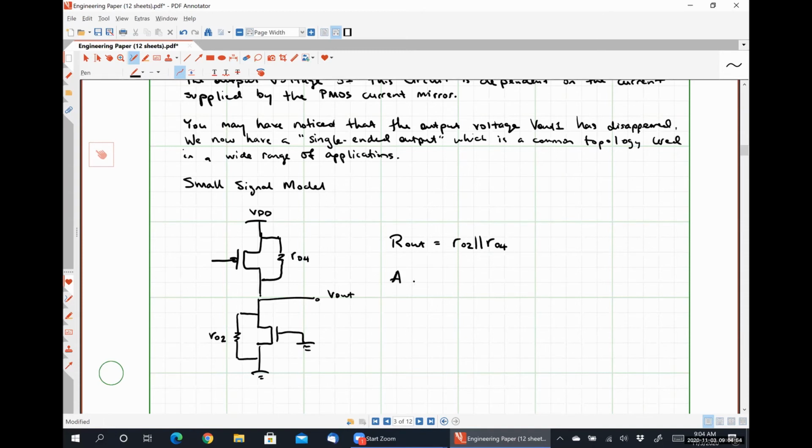And so our differential gain is going to be our transconductance for transistor 1 or 2, because they're identical, multiplied by RO2 in parallel with RO4.